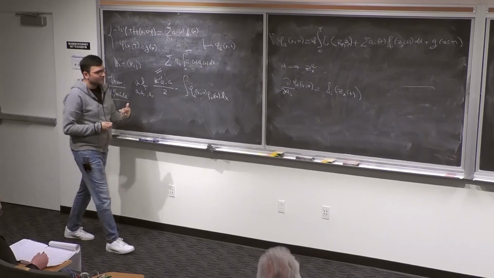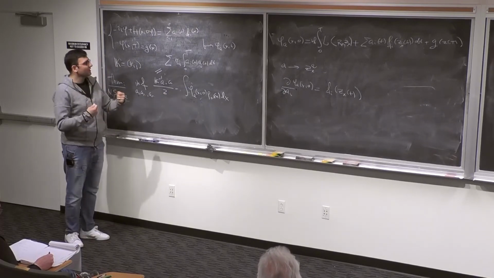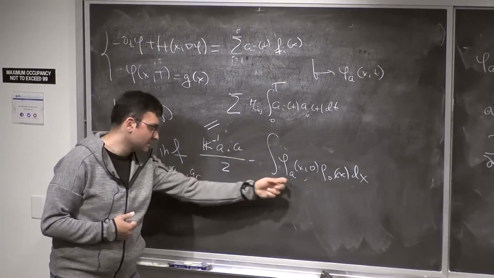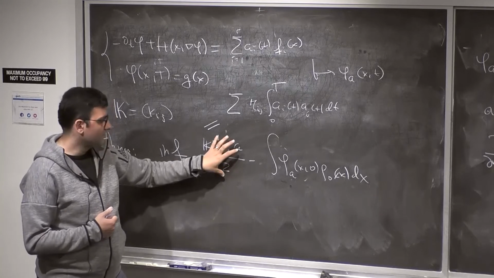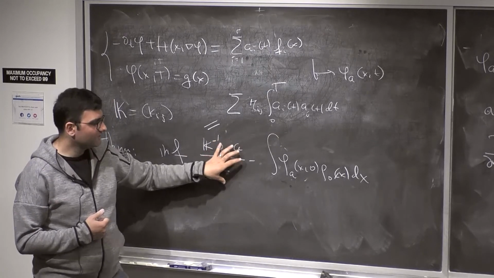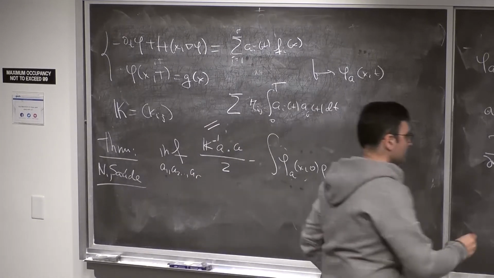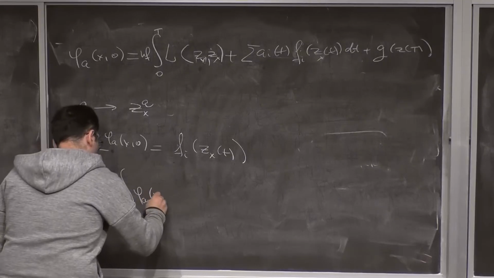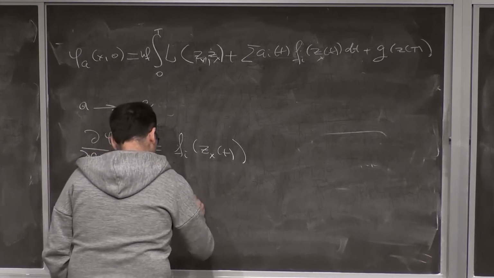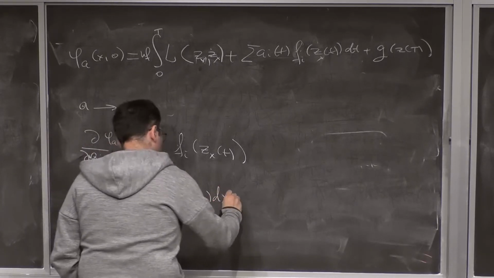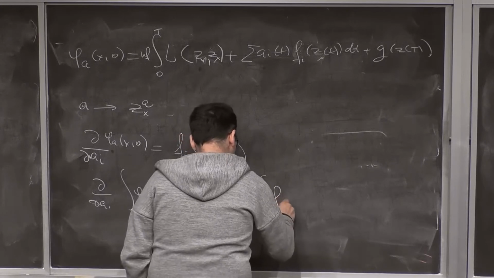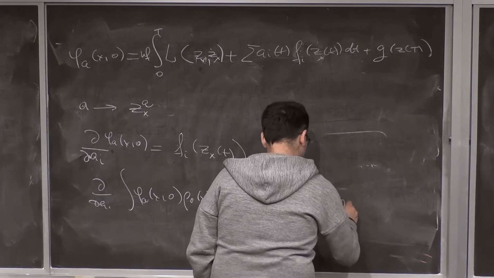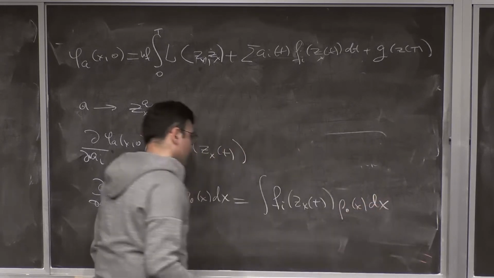But let's say you generate this, and then you correct your trajectories, you correct your interactions by just doing a gradient descent step on this, where this part is quadratic, very simple, and the derivative of this part is just going to be the integral of rho_0(x) dx.